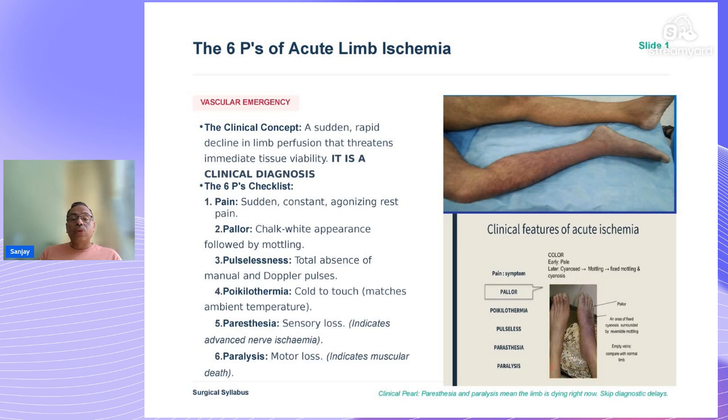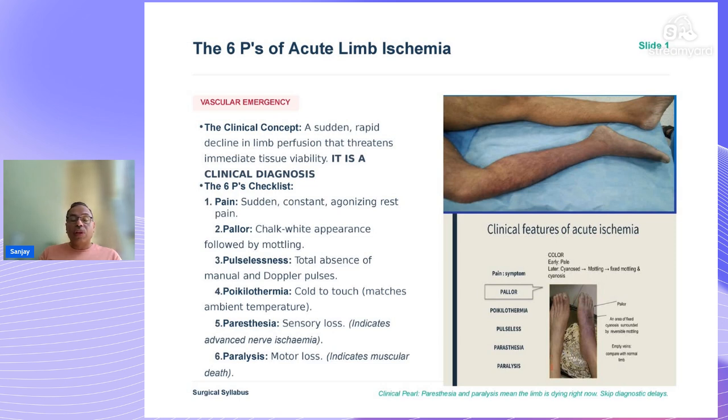Now, mind you, this is more or less a clinical diagnosis. So a very quick, good history should be taken, along with a physical examination of the affected limb. It remains one of the important vascular emergencies, and that's why no time should be lost in performing certain investigations, because time is precious here.